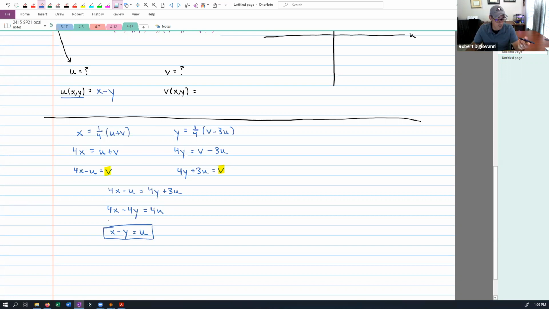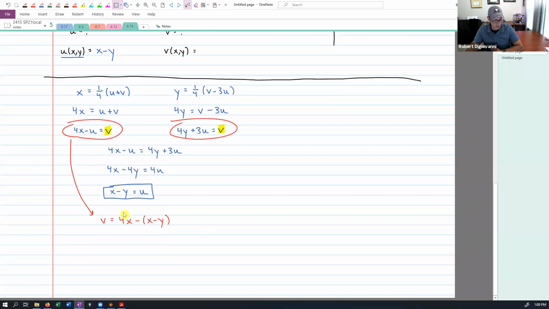Once I know what u is, I can go back up to either, I can pick, it doesn't matter which one I use. I can use this or this to figure out what v is in terms of X and Y. So I'm going to just go with this first one. V here would have to be 4x minus u, but we just said that u must be X minus Y, so I need that in parentheses so that the negative distributes here.